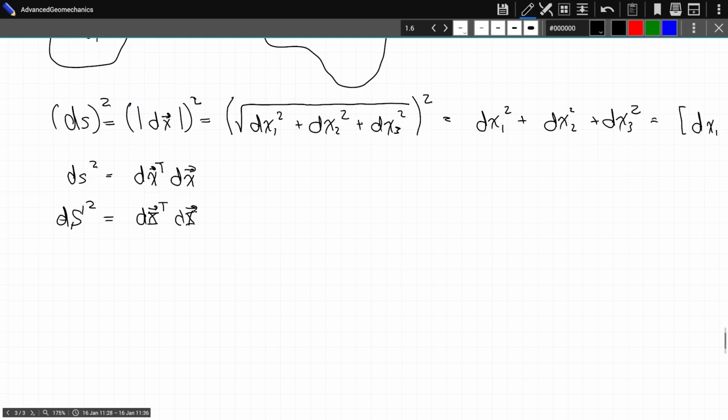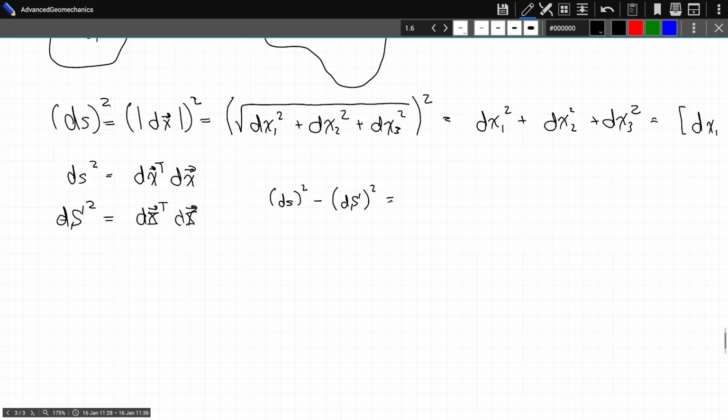All right? So what we want to look at is what is the difference in those two. So what is the difference between d little s squared and d big S squared? That'll give us some measure of a change in length, right?